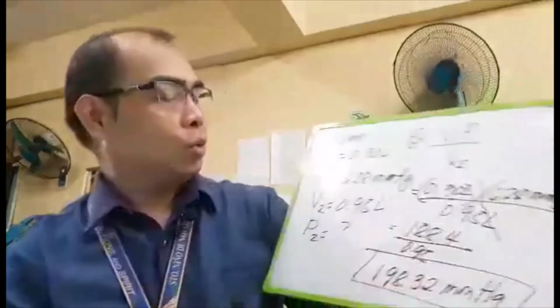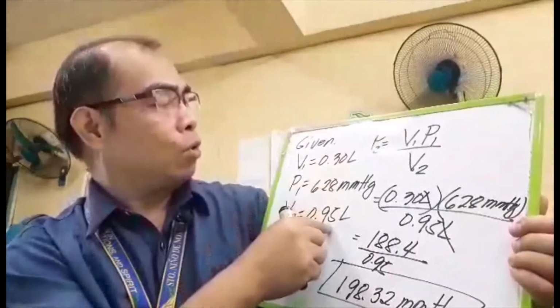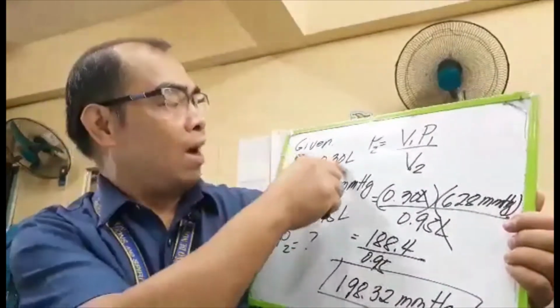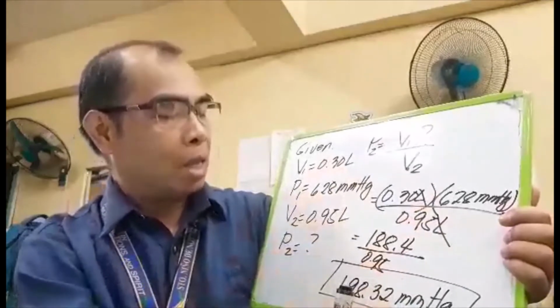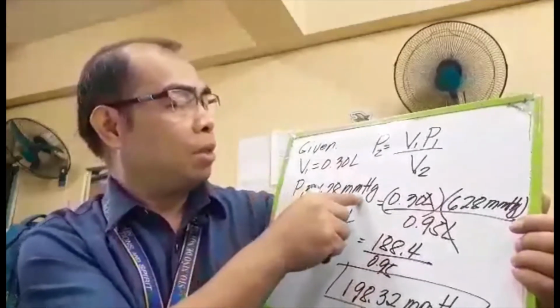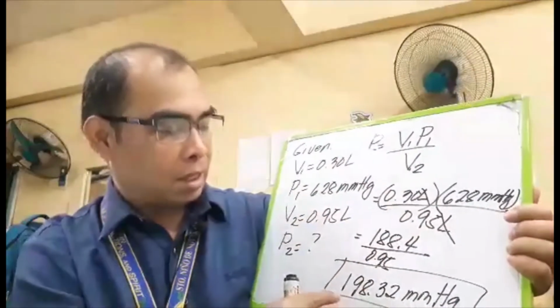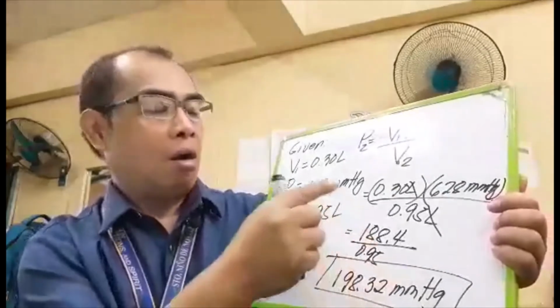Let us see. Tingnan mo, ang laki po ng tinaas po ng volume. Kung gaano kalaki po yung tinaas, ganun din po ang kalaki ng ibababa niya doon sa pressure. So, from 628 mm of mercury, it decreases to 198.32 mm of mercury.